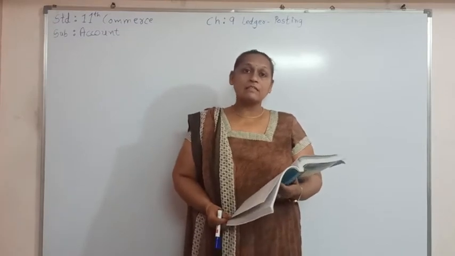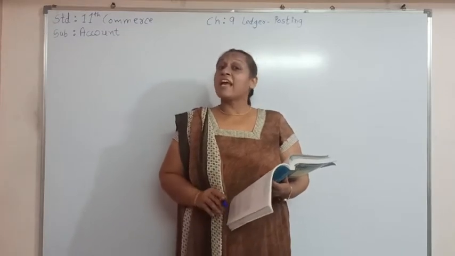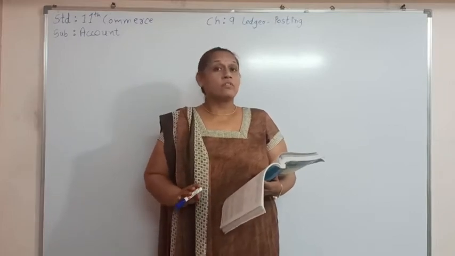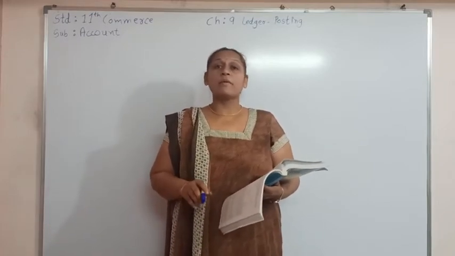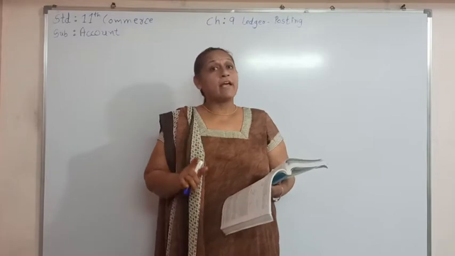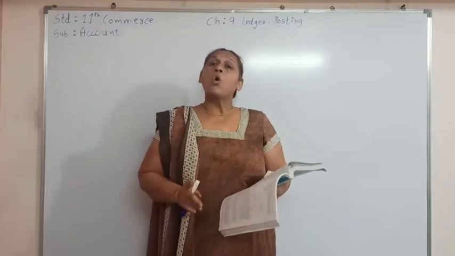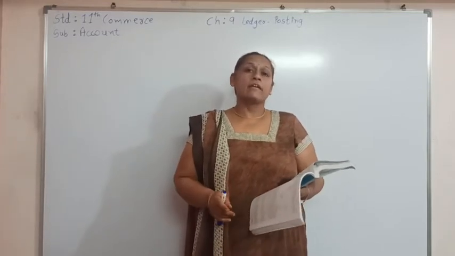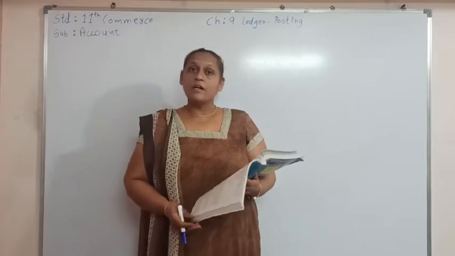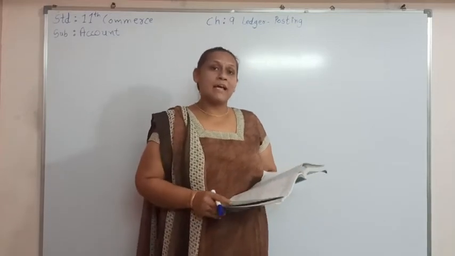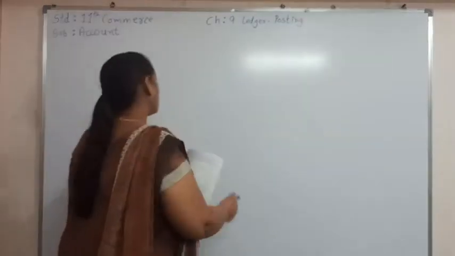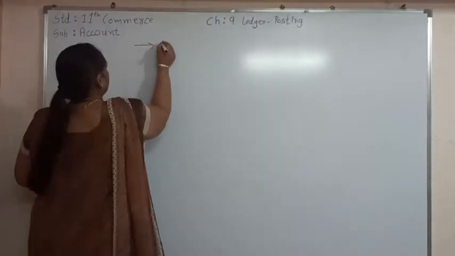In any account one of these situations can arise: an account has a debit balance, or a credit balance, or it can be a squared up account. So let's see the balancing of an account.